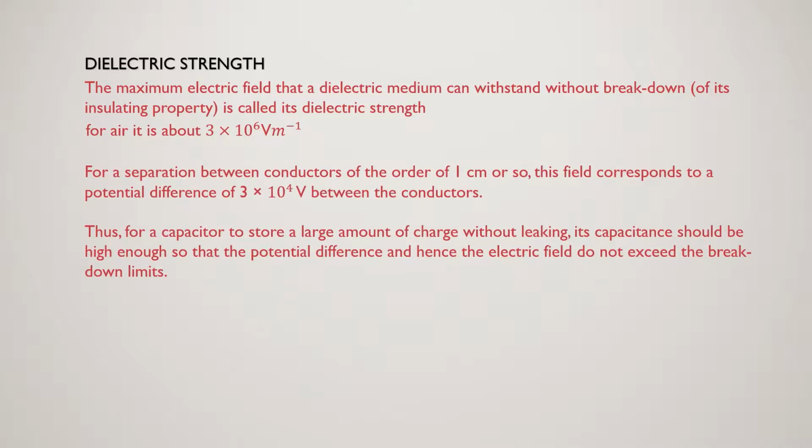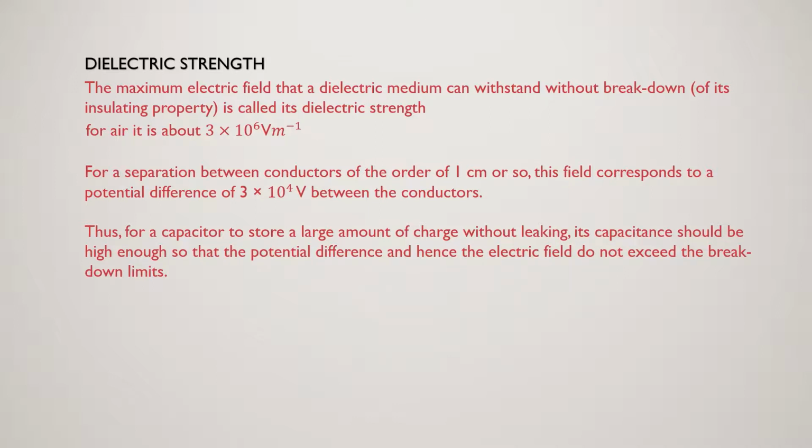So if we separate the two plates or two conductors by 1 centimeter, the potential difference developed is 3 into 10 raised to power 4 volt, and this value is very high.